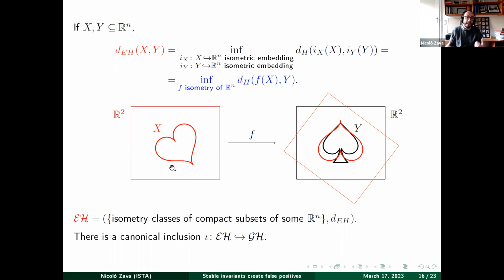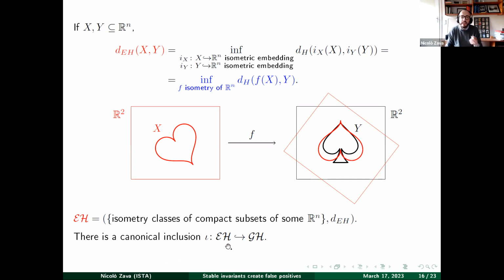So we have the space EH, in the flavor of the Gromov-Hausdorff space. We can consider the space of isometry classes of compact subsets of some R^n, with the Euclidean Hausdorff distance. Of course, there is a canonical inclusion, because every isometry class of compact subsets of R^n is itself an isometry class of metric spaces.